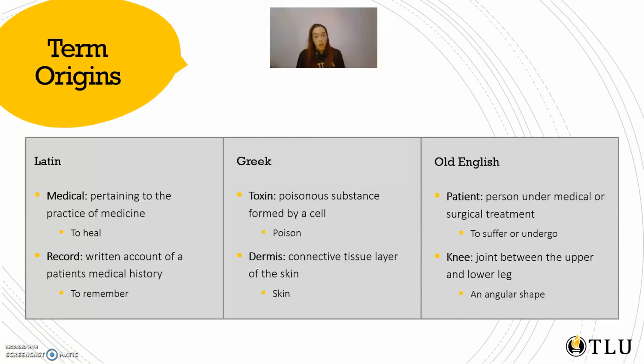The Greek toxin is a poisonous substance formed by a cell. The Greek word is poison. In Old English, the word patient, which now is a patient under medical or surgical treatment, the Old English definition was to suffer or undergo. So you might see these words later in my PowerPoint, and these words cannot be broken down into a prefix, root, and suffix.